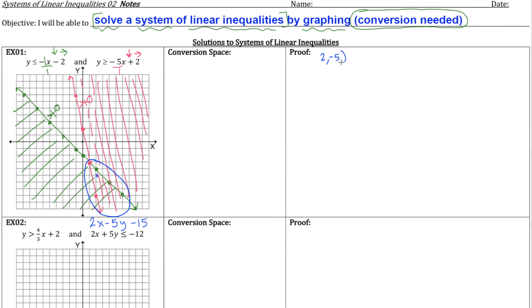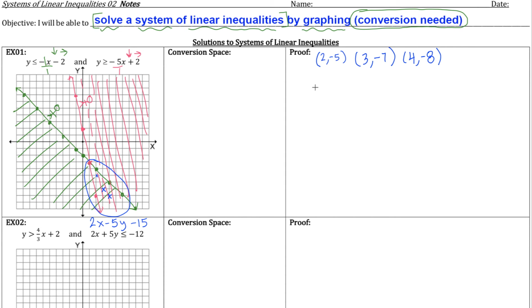Then 3, negative 7, and 4, negative 8. All right, I like 2, negative 5. So let's do this first one.